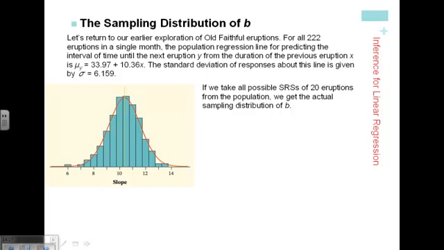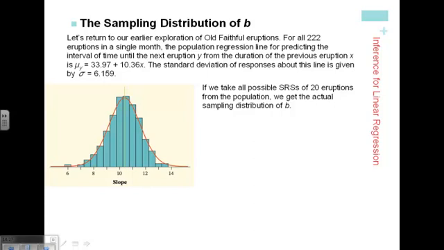Here's what we'd like to say. This distribution of b has qualities that we should exploit. Item number one is that the center of the distribution of b's is actually going to be the true slope beta. Item number two, that this distribution looks normal.